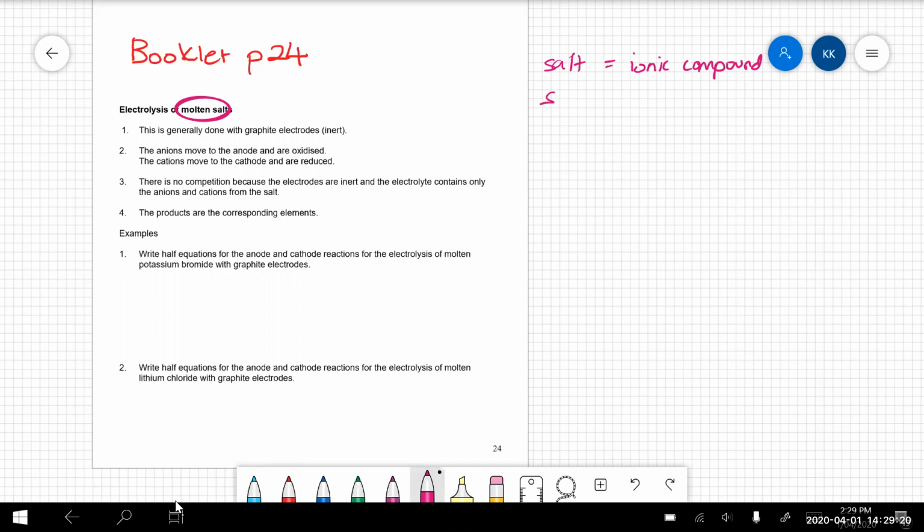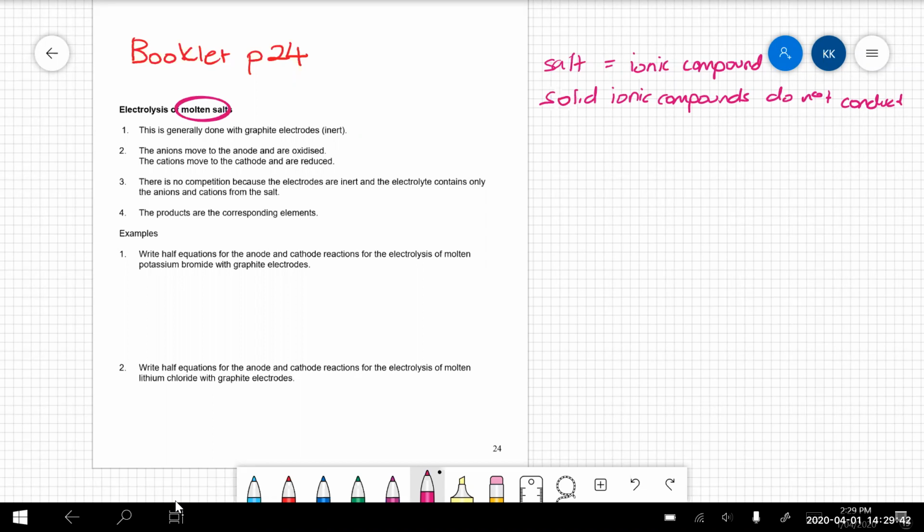Now, in the solid, ionic compounds don't conduct electricity. And that's a bit of a problem, because if we have an electrolytic cell, we need it to be able to conduct electricity.